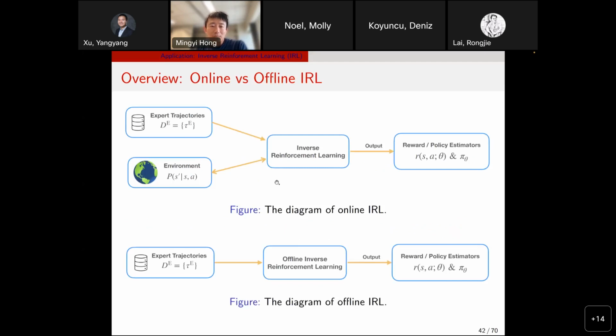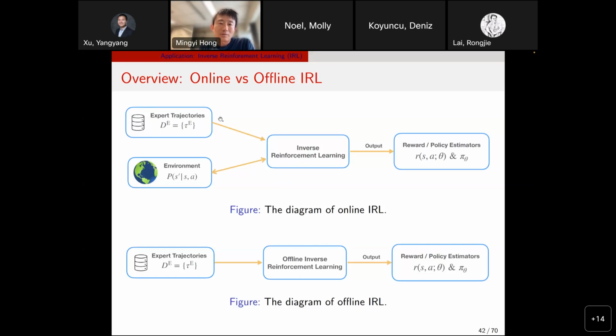This is basically the diagram. The agent will be able to observe a lot of expert trajectories. For example, we're trying to learn how to drive a car, so the robot needs to learn how to drive. The expert trajectory will be a person driving in the city, with all the behaviors he or she has performed recorded.